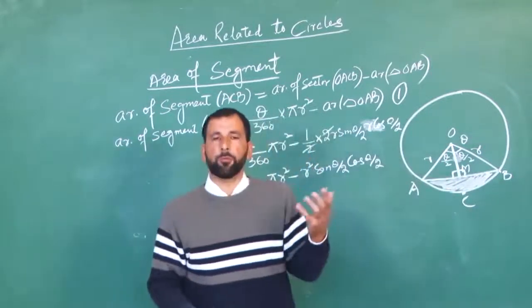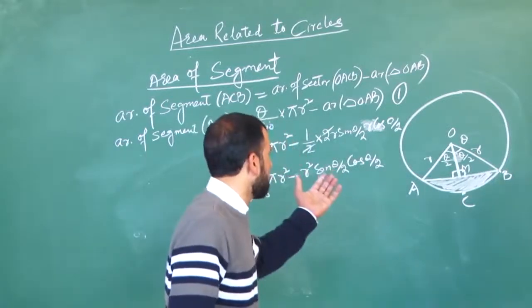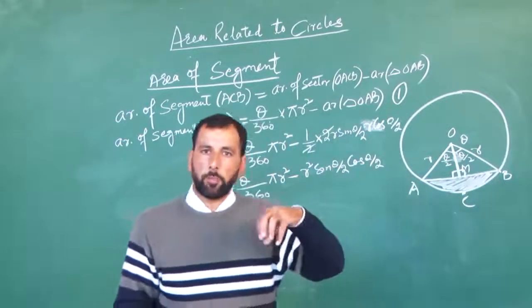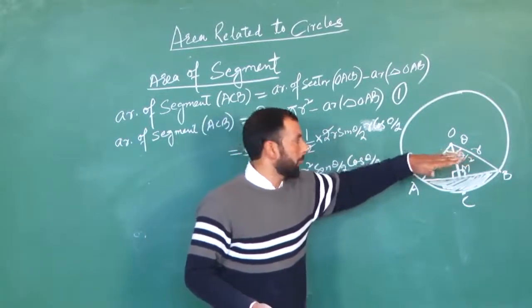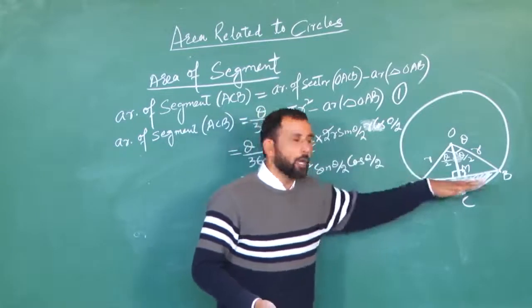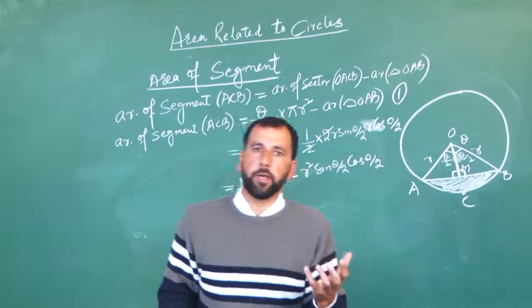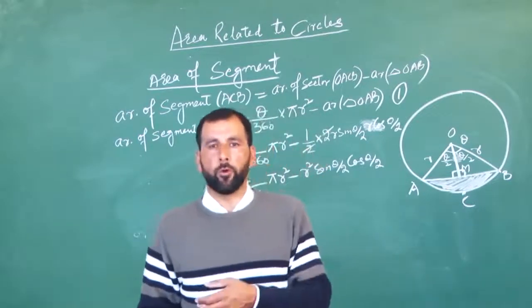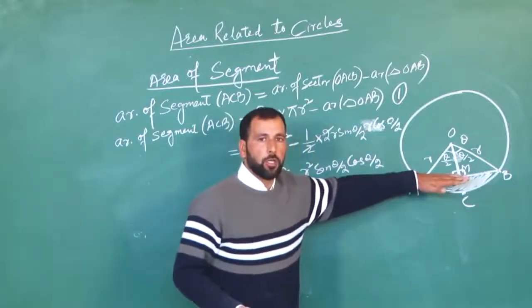Then we use the formula 1/2 of base into altitude for finding the area of triangle OAB. Now if the angle is not 90 but 60 degrees, then this triangle is an equilateral triangle, and we use the formula root 3 by 4 into side square as the area of this equilateral triangle.